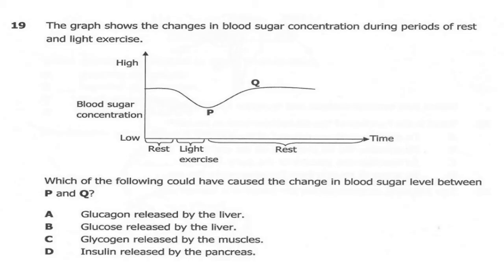A. Glucagon released by the liver. B. Glucose released by the liver. C. Glycogen released by the liver. D. Insulin released by the pancreas. So what's the correct answer? Is it A, B, C, or D? Let me know in the comment section.